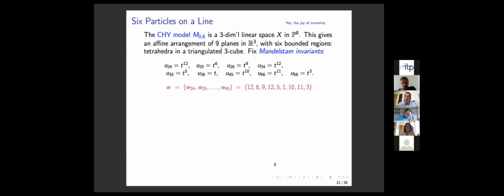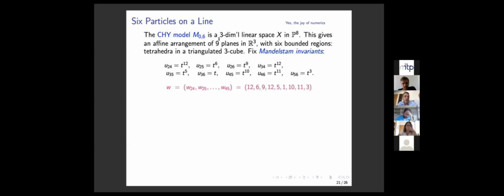So let's discuss this for the CHY model. Let's go back to 6 particles on a line, and let's go back to the joy of numerics, which is also the joy of tropical geometry. So the CHY model, M_{0,6}, is a 3-dimensional linear space in P^8, where I set this up.